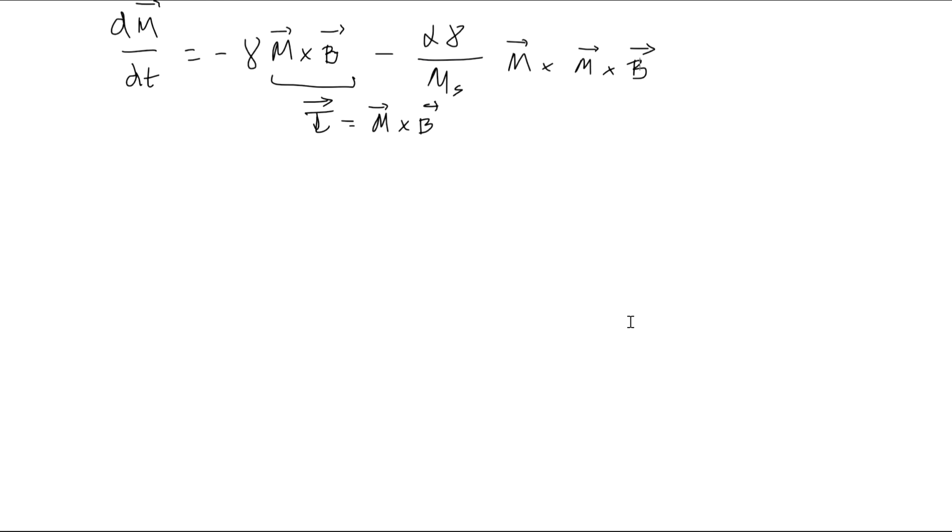So if we look at this torque, here is the magnetic field, B. Here is the magnetization M, and this is the circle. If you would have only this term, the torque here is basically tangent to this circle. So where should it point?